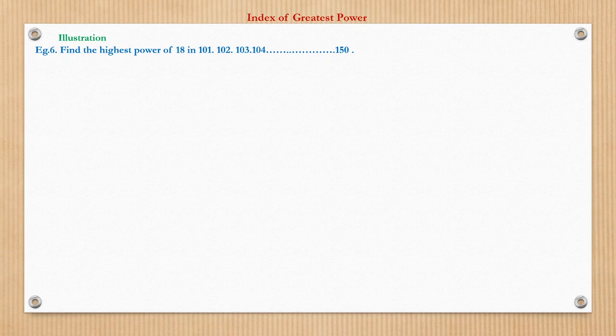Now another question here. We have to find the highest power of 18 in 101 × 102 × ... So n is 101 into 102 into 103 into 104 and so on till 150.